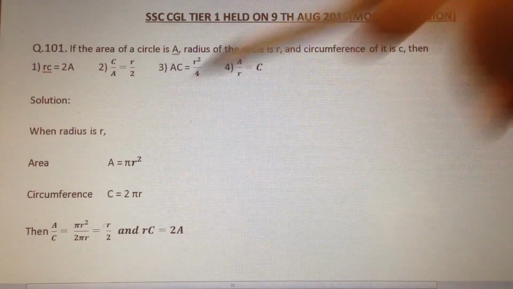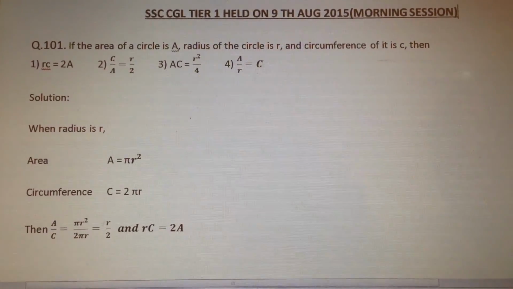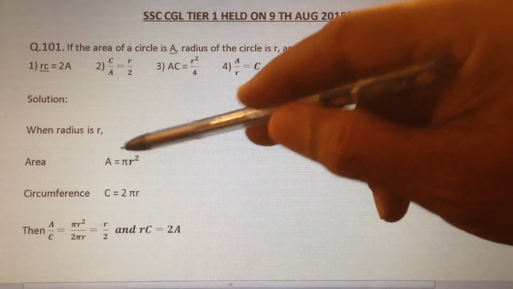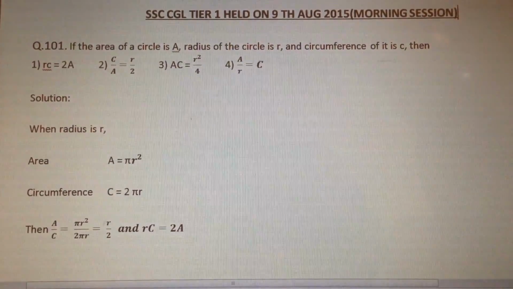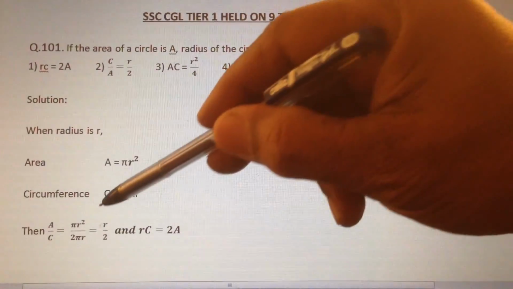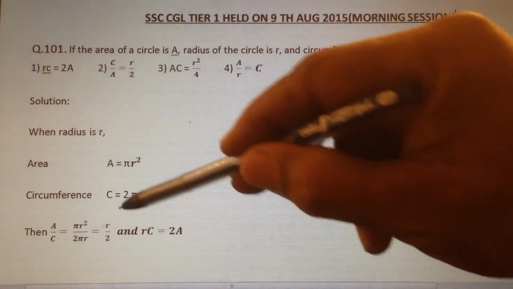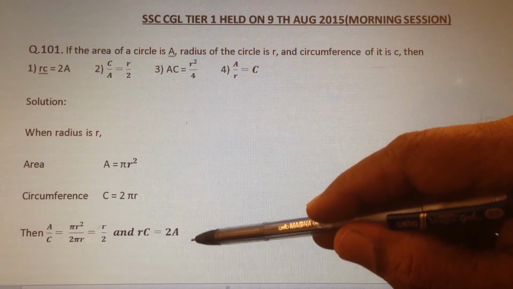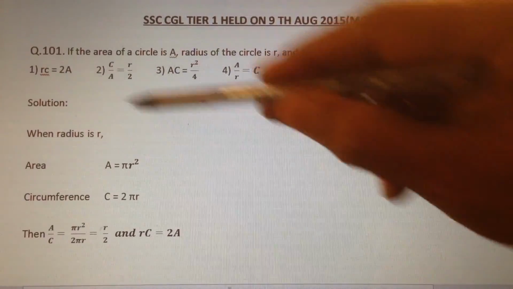A is equal to pi r square, and circumference we know is 2 pi r. C is equal to 2 pi r. Let us divide A with C. Then A by C is equal to pi r square by 2 pi r, which is equal to r by 2. And RC is equal to 2A. So our answer is option number 1.